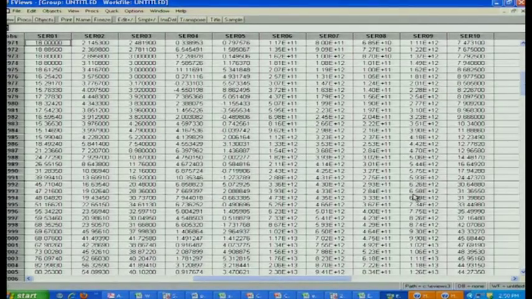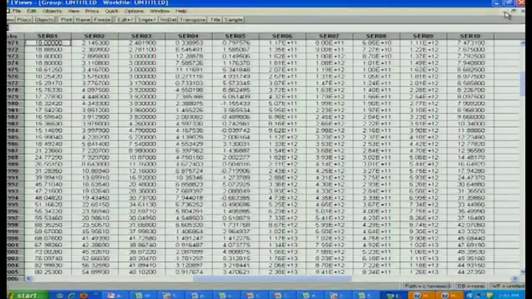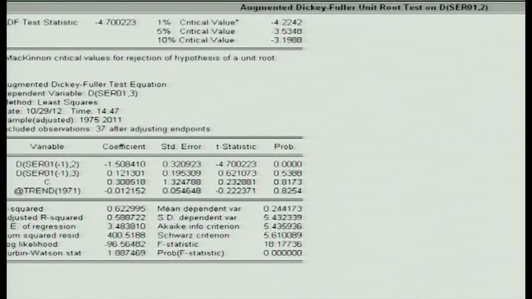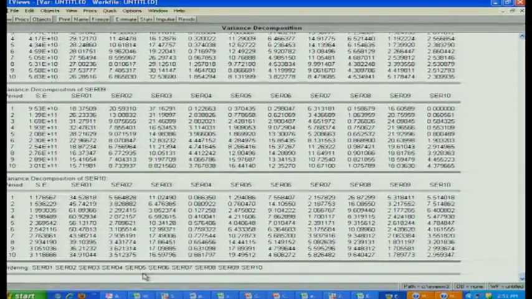Series 1 was pound, series 2 was euro mark, series 3 was Japanese yen, series 4 differential inflation rate, series 5 differential interest rate, series 6 money supply, series 7 money supply in the foreign country, 8 GDP, 9 GDP in the foreign country, 10 rupee dollar. Yeah, so we are interested in the variance decomposition of series 10.